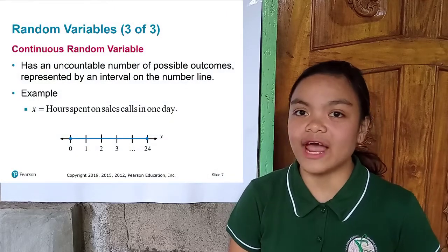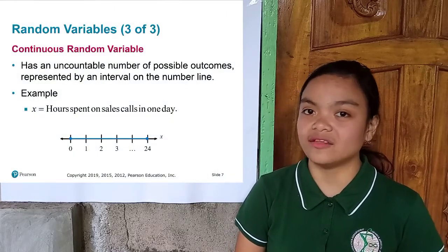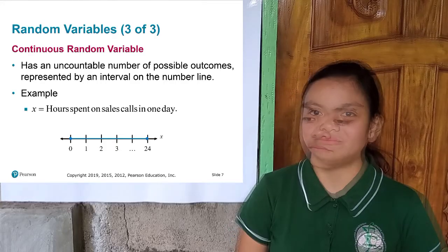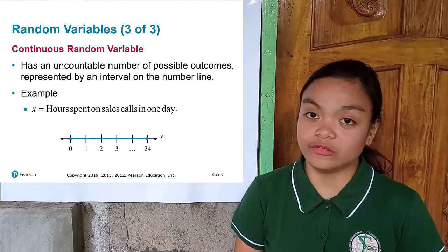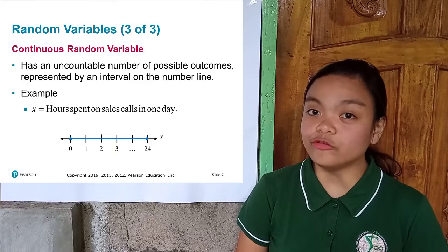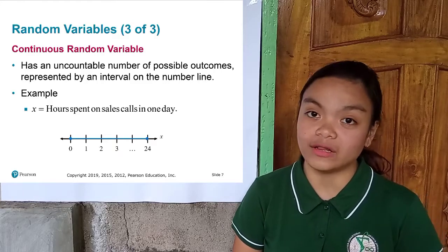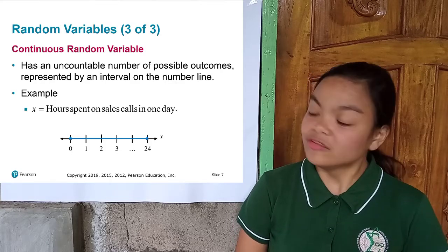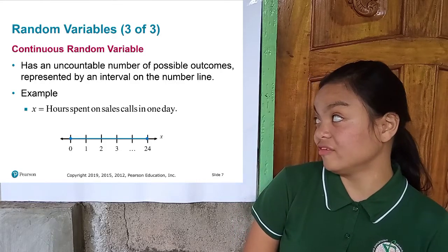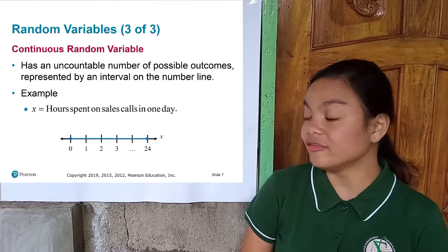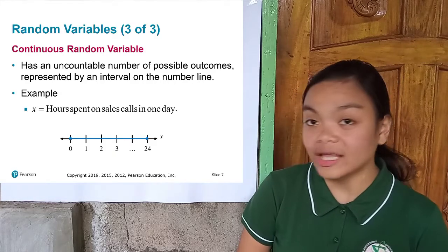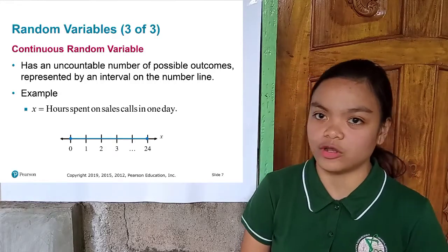The next type of random variable is the continuous random variable. The continuous random variable has an uncountable number of outcomes, and it can be represented by an interval on the number line. So since the first example earlier was a discrete random variable, this goes to show that the second example is actually a continuous random variable.